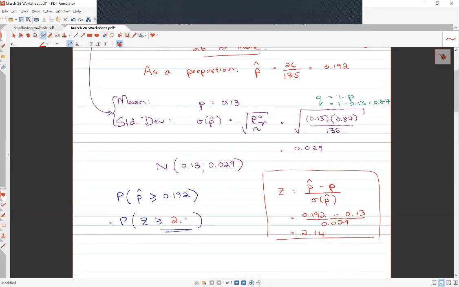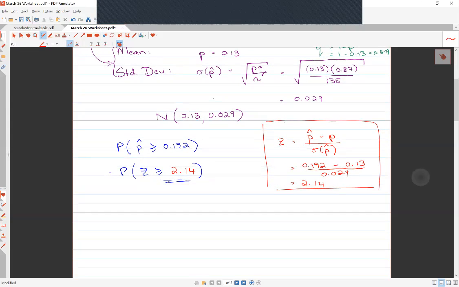So my original problem expressed as a proportion is that p hat is at least 0.192, but expressing that in terms of a z-score, I can calculate it as what's the probability that my z-score is at least 2.14. Now, the advantage of expressing it as a z-score means I can now go and consider the problem on my bell curve.